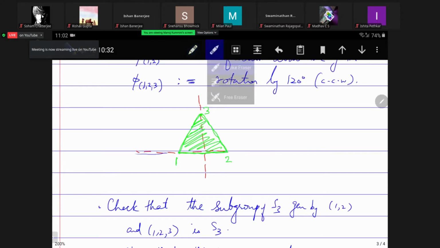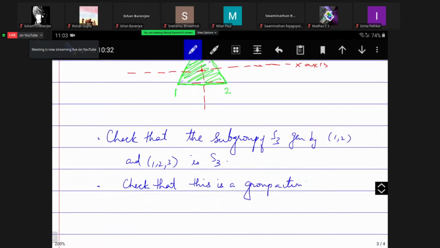It should have its midpoint, which is maybe somewhere here. Yes, because you want rotation to preserve the shape of the triangle. This is the x-axis. This is the center where all the three perpendiculars meet, or all the three medians meet. It's an equilateral triangle. Yeah, thanks.